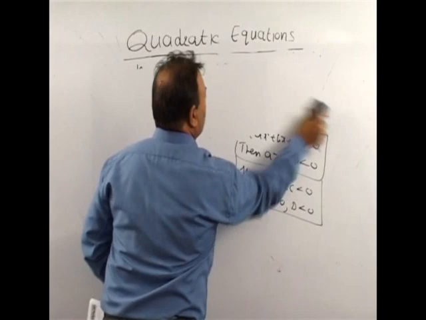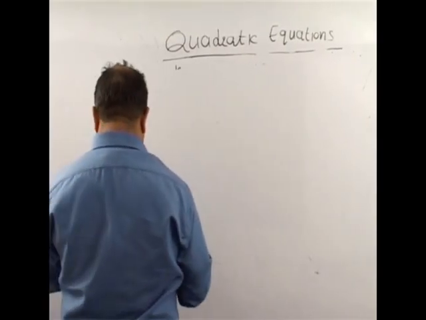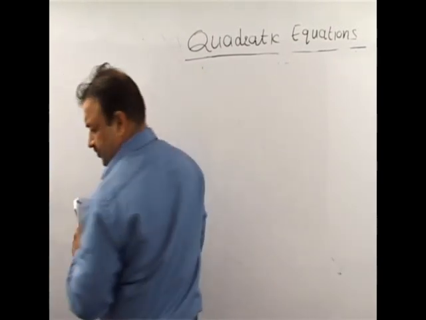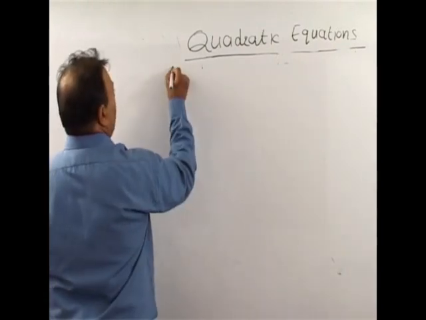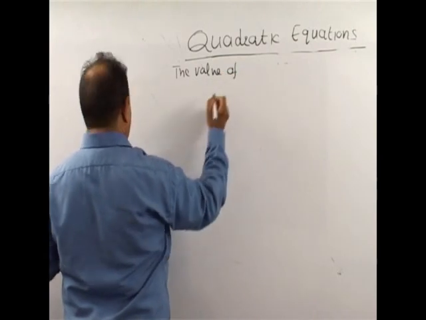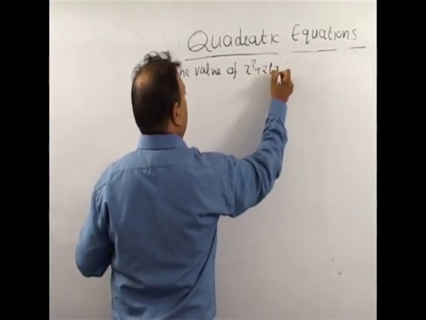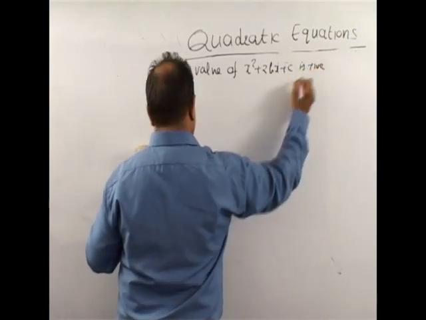Now, based on these two results, I am giving you the problem. The question is: the value of x square plus 2bx plus c is positive.